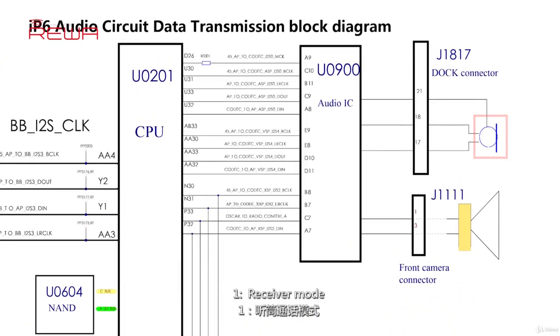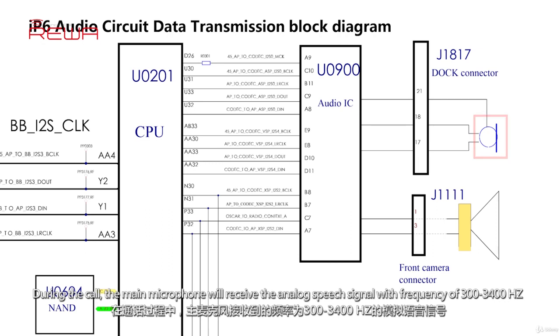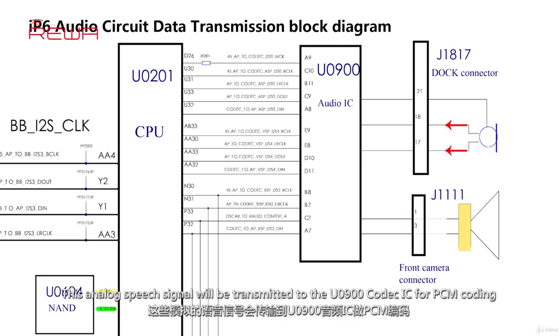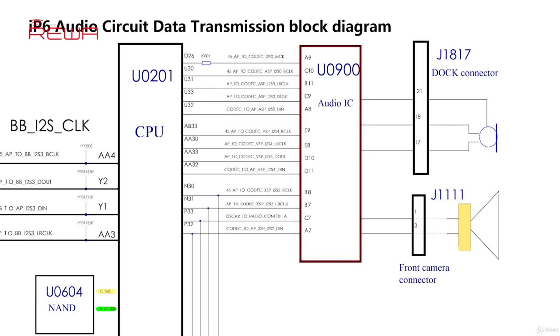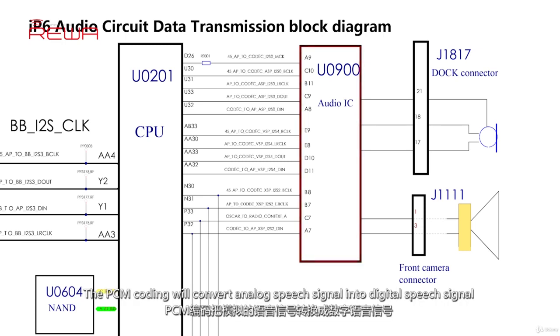1. Receiver mode. During the call, the main microphone will receive the analog speech signal with frequency of 300 to 3400 Hz. This analog speech signal will be transmitted to the U0900 codec IC for PCM coding. The PCM coding will convert analog speech signal into digital speech signal.